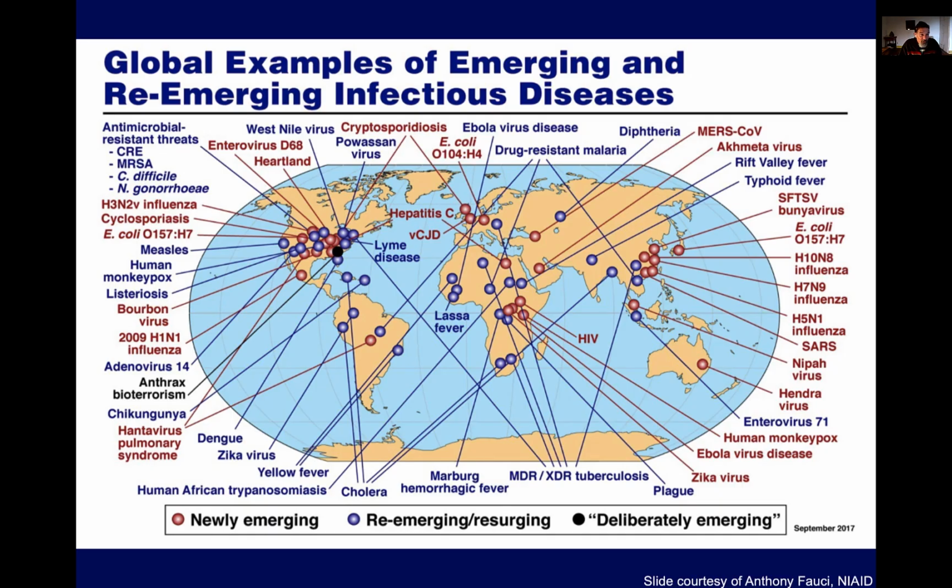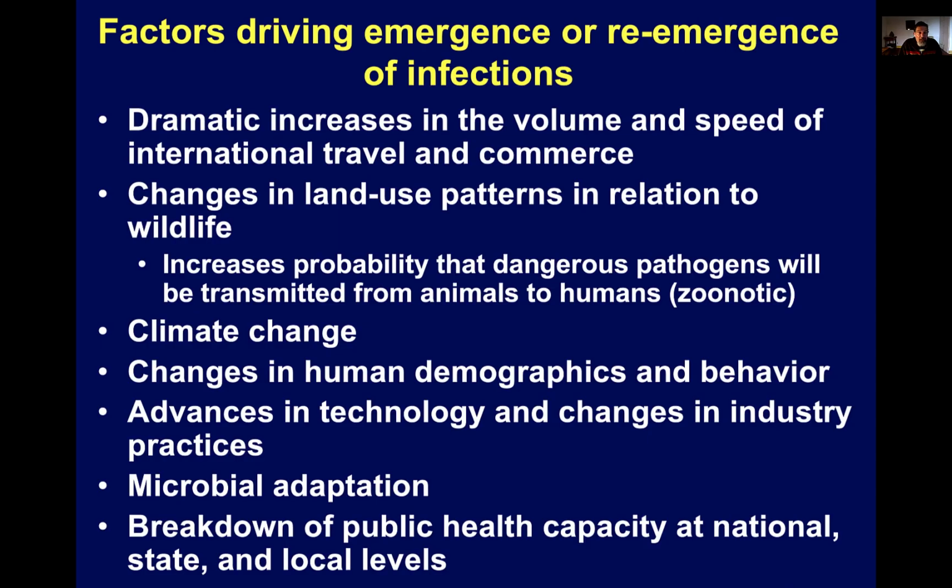This is a slide from Anthony Fauci that just sort of shows the geographic origin of some of these, an even larger list of emerging infectious diseases to give you a sense of where these things are happening. And we can think about some of the factors that are driving the emergence or reemergence of these infections, right?